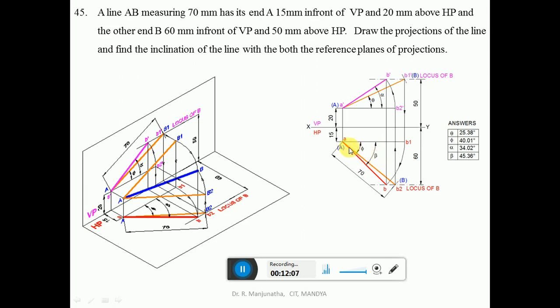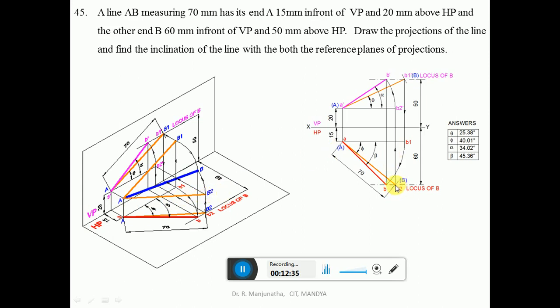Now we are going to consider the true length in the top view, that is the true length in HP. The true length in HP is AB2. Since it is the true length in HP, obviously that line has to be parallel to HP. We know that A dash is above HP by 20 mm, so B2 dash should also be above HP by 20 mm, then only that line will be parallel, as shown here, AB2.